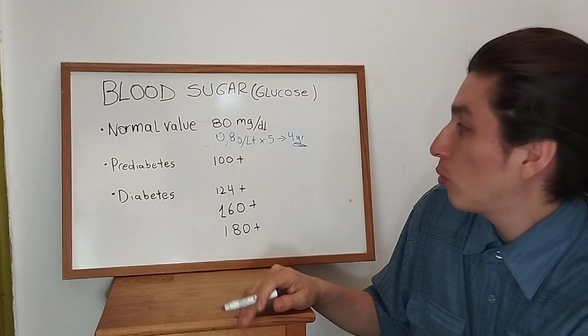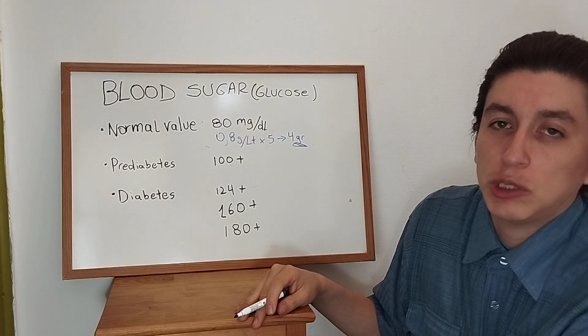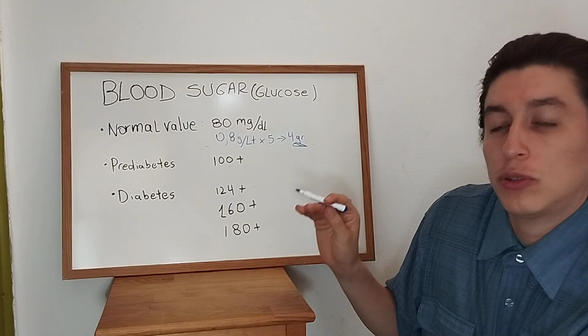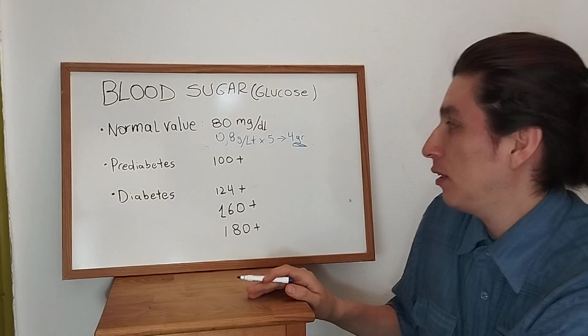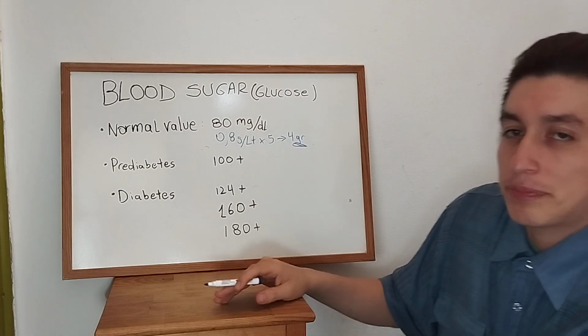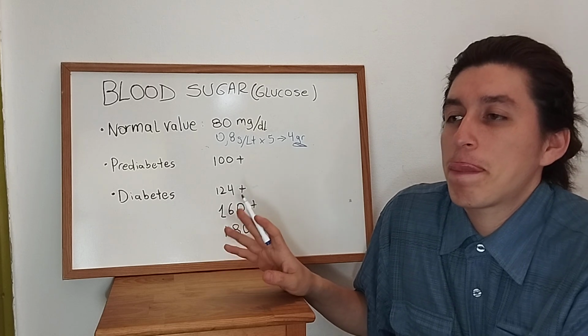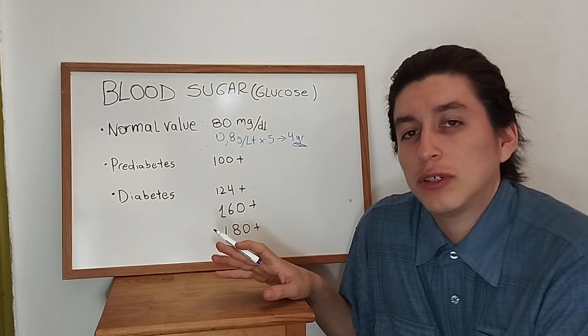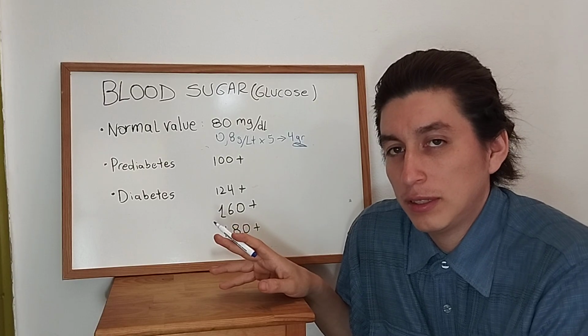For example, here I'm marking 160, which is the double of normal value, and when the blood sugar is reaching 160 milligrams per deciliter, there is going to be a cancellation of the normal functioning of the immune system.